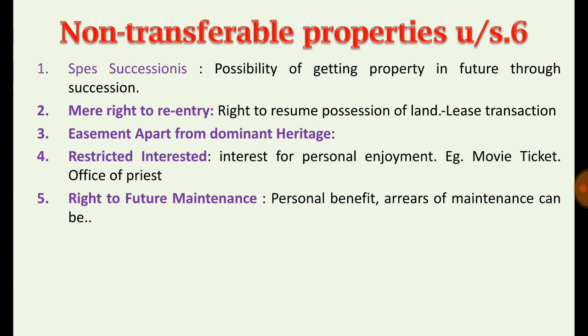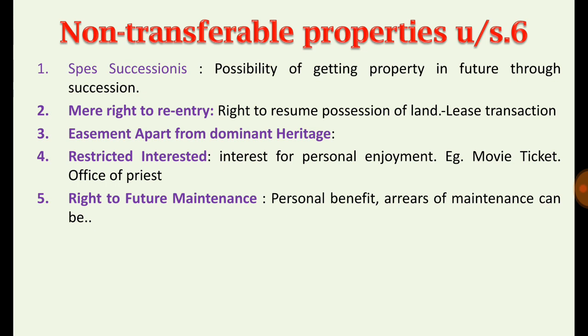For example, A and B, these are husband and wife. So B is the wife, and after a few years a dispute occurs between them, and they went to family courts, and the family court granted maintenance to the wife from A. So she is entitled to get the maintenance to meet the expenses which are necessary for livelihood.